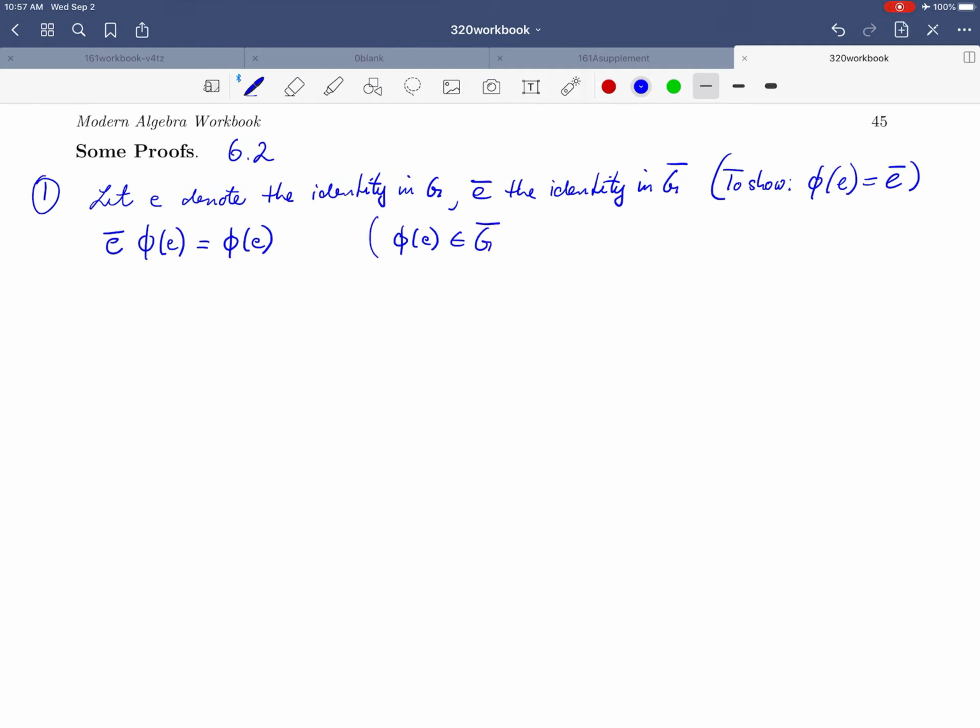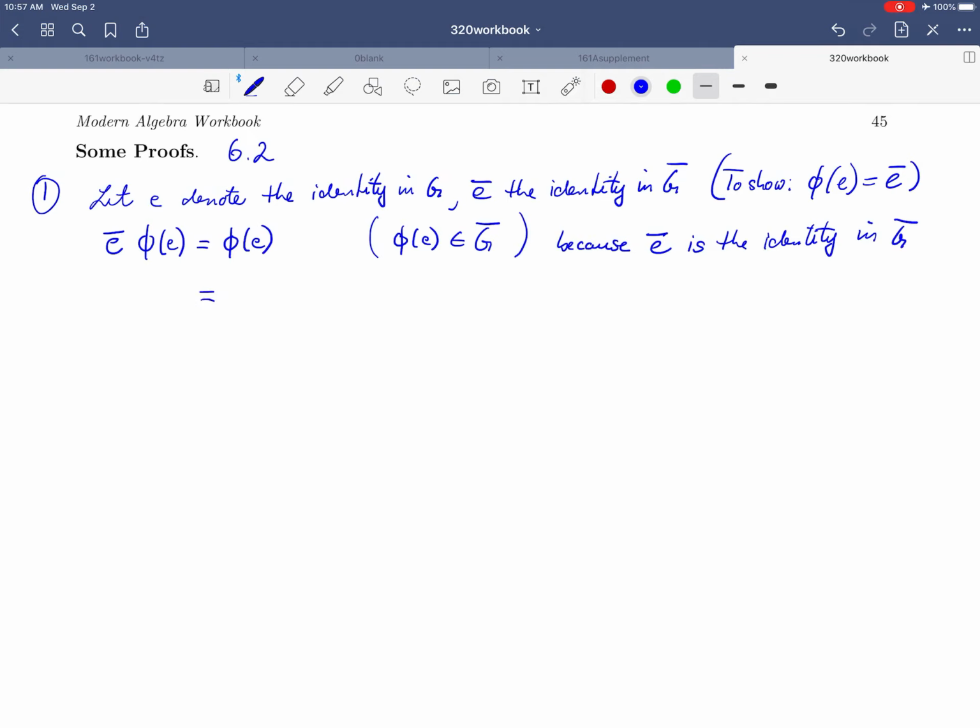And since E bar is the identity in G bar, when I multiply E bar by phi of E, it's equal to phi of E because E bar is the identity. Okay, so we got that.